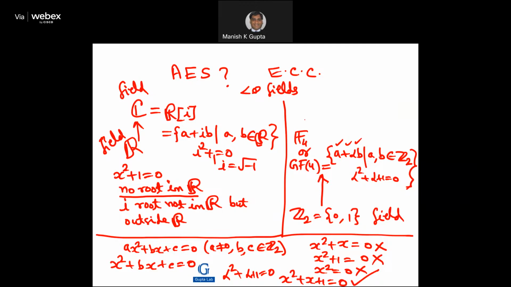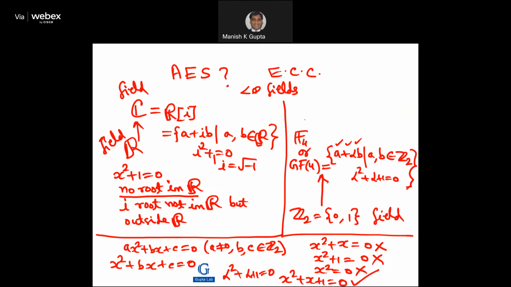So there is a root of the equation x square plus 1 is equal to 0, which is not in the ground field R, but is outside R, in C. So C is formed like a plus ib, where a and b are reals, right? We also write it as R attached with i. We have attached the root i to the reals, and we get the complex field or the complex plane. You are familiar with the complex plane, right?